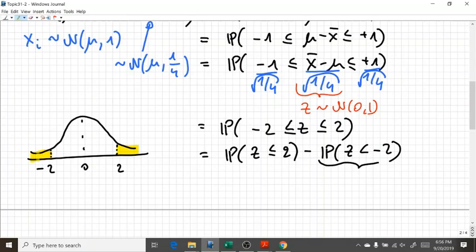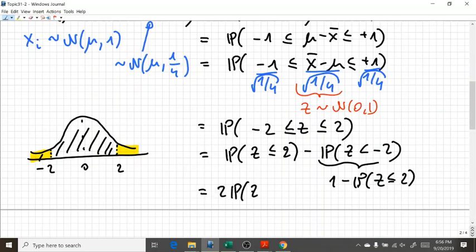So basically, this is the yellow area on the left, but it's the same as the yellow area on the right. And the yellow area on the right is 1 minus the hatched area here. And this is precisely the probability that z is less than or equal to 2. So at the end of the day, I have twice the probability that z is less than or equal to 2 and still minus 1, right?